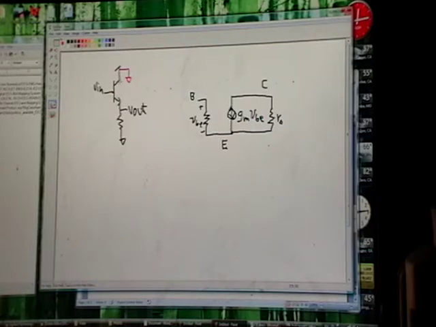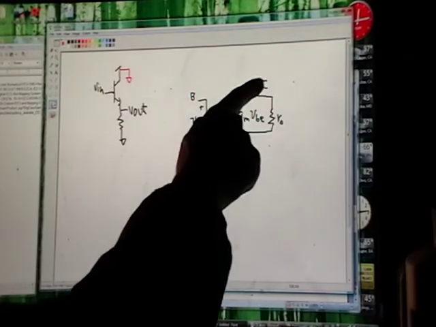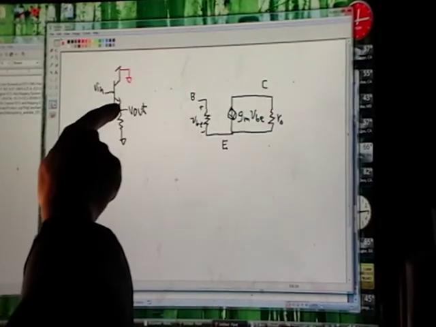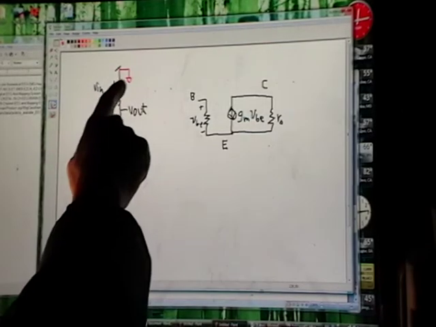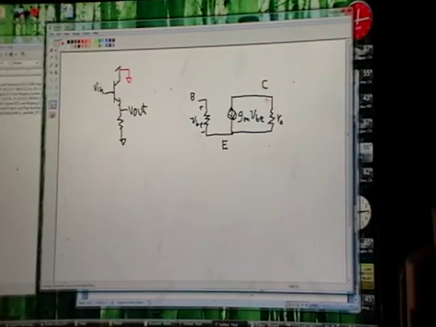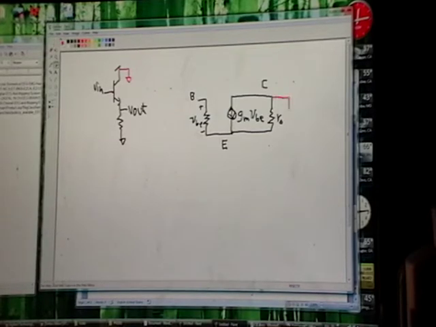So what we see here is here's our transistor, basically base, emitter, collector. Here's base, emitter, collector. You can see that the collector is connected to ground, so we can just tie that to ground.